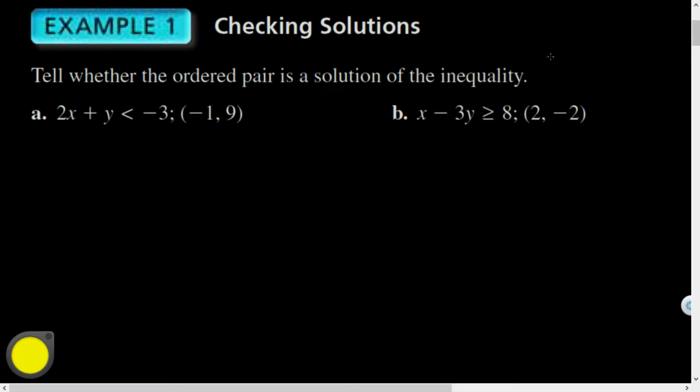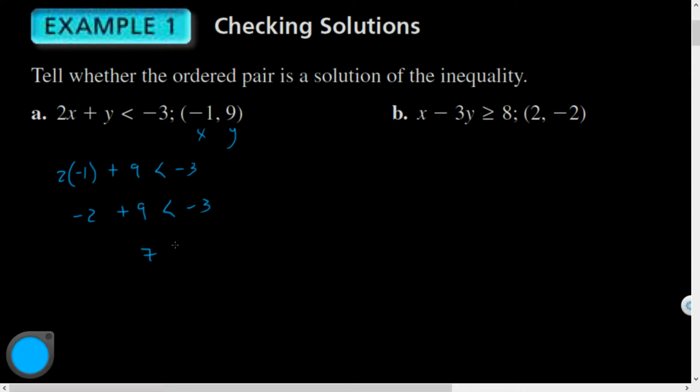Is this (x, y) a solution of this inequality? What I'm going to do is plug it in and do a check. So 2 times -1, plus 9, I'm plugging in for both of those. Is that less than -3? 2 times -1 is -2, plus 9, is that less than -3?